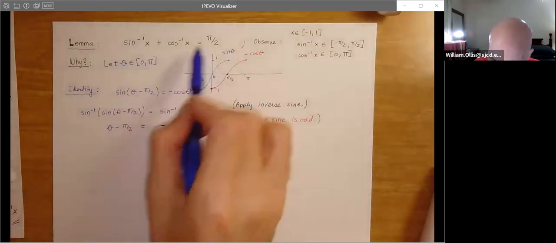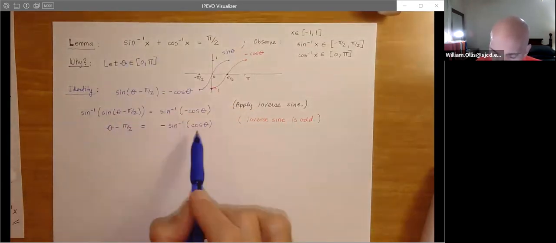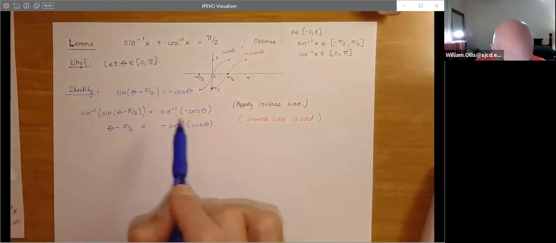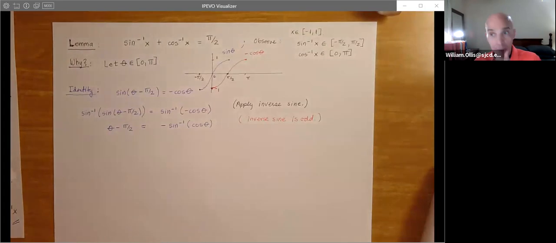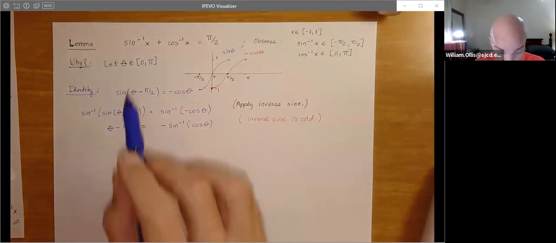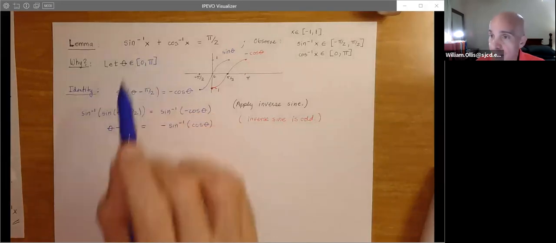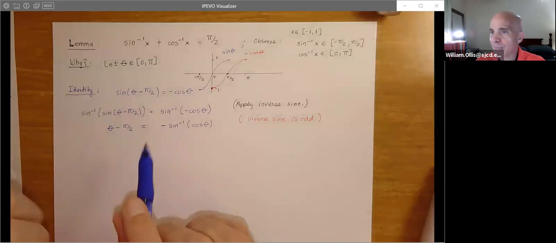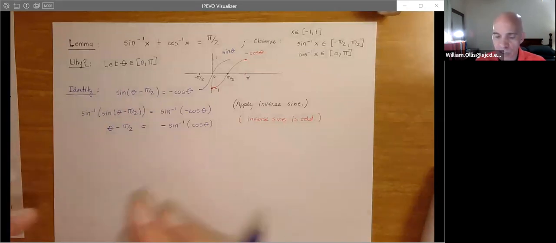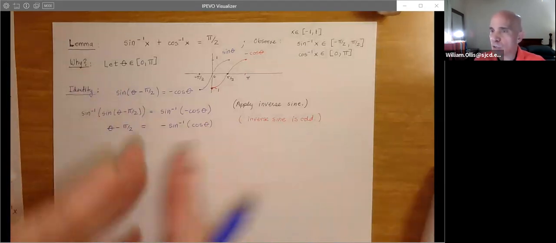We go back up to our equation, and then we say, okay, now using the theta, we can define the x. So how you state your lemma really depends on what kind of variables you're going to use. I need to pick a variable here that's not the same as x, so I wouldn't say let x be an element of 0 to pi. That would be unclear, so to speak.